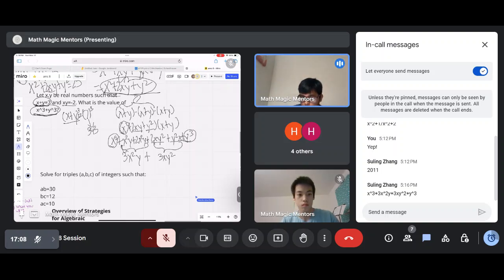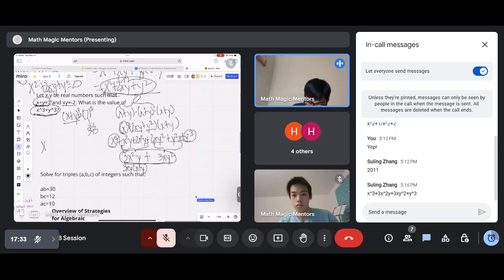Obviously, simplifying, we can factor out some terms, which is going to be easier for us moving forward. I'm just going to bring out the 3 and the xy because it's common in both terms, and we can write this as 3xy times x plus y.